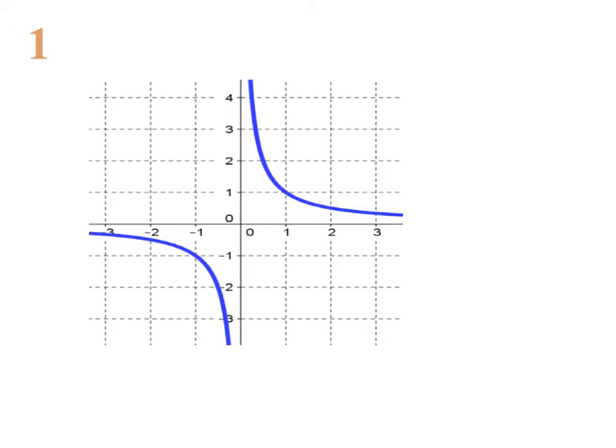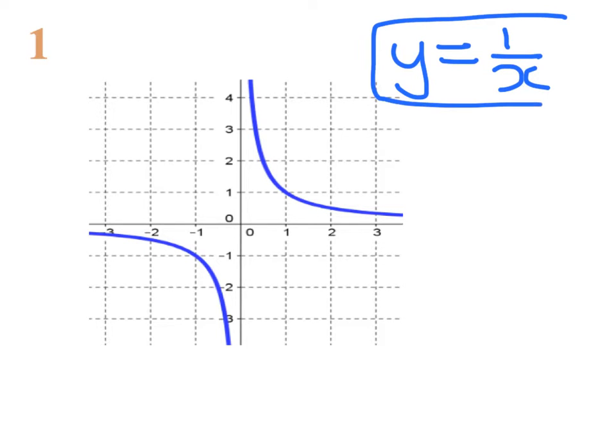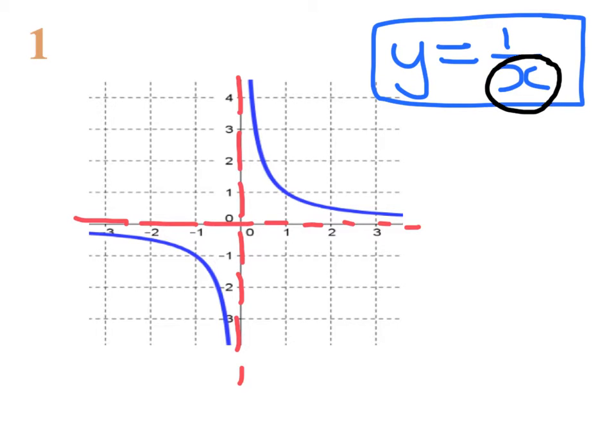This is the basic form of a hyperbola, and it's got this form, y is equal to 1 over x. So a couple of things I want to look at in here. The first thing, and you will have done this in class, is that it's got two asymptotes. So what's an asymptote? Well, if I look in this equation, I know that I can't divide by 0.